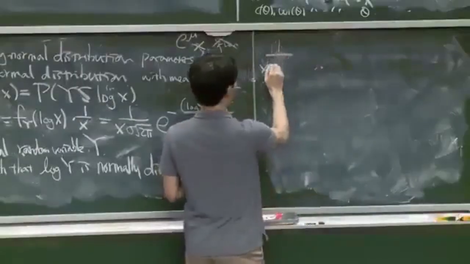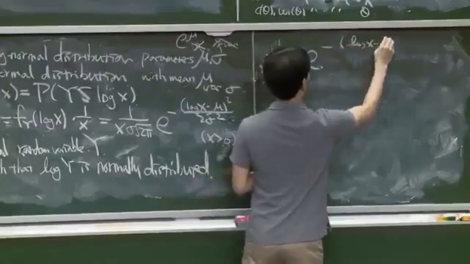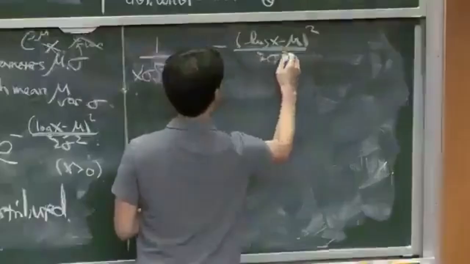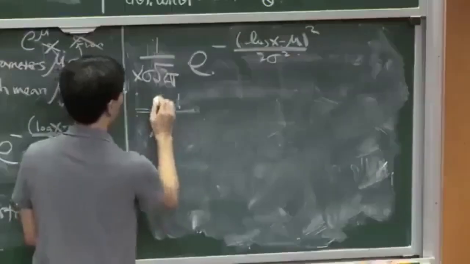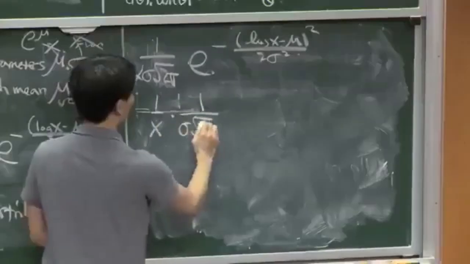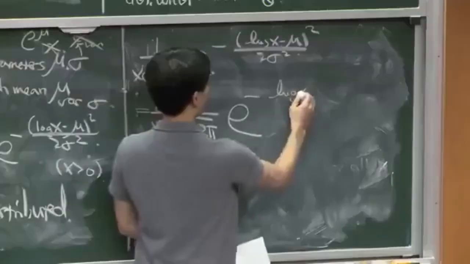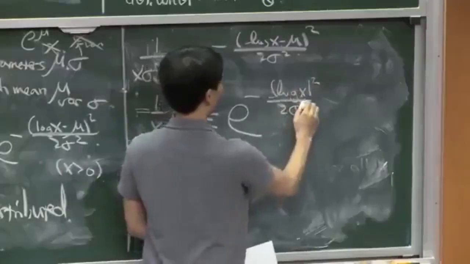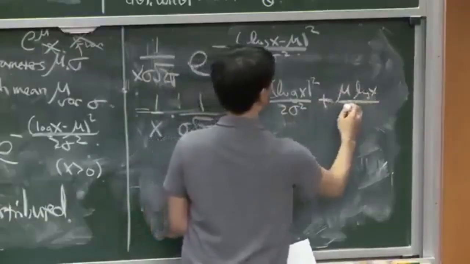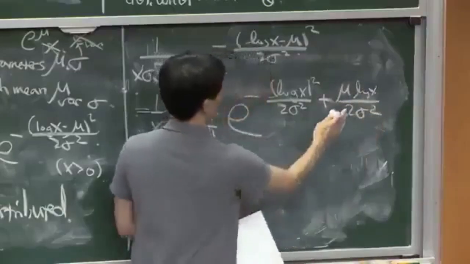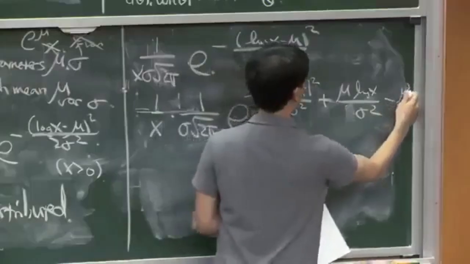So 1 over x sigma square root 2 pi, e to the minus (log x minus mu) squared over 2 sigma squared, can be rewritten as 1 over x times 1 over sigma square root 2 pi, e to the minus mu squared over 2 sigma squared, times e to the minus (log x) squared over 2 sigma squared plus mu log x over sigma squared.